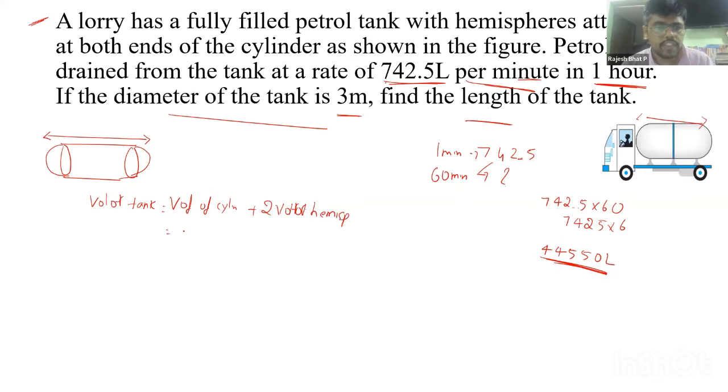The volume of cylinder is pi r square h. The volume of hemisphere is 2 by 3 pi r cube. So 2 hemispheres become 1 sphere, so 4 by 3 pi r cube.